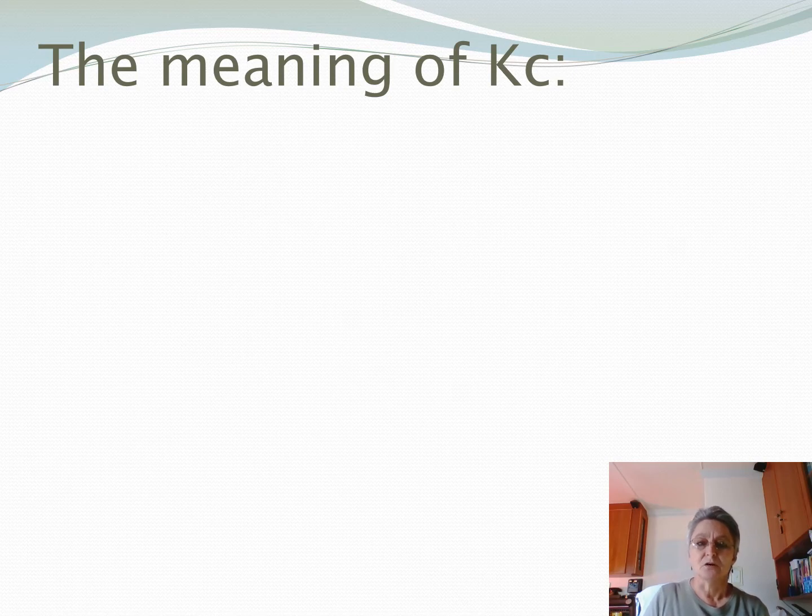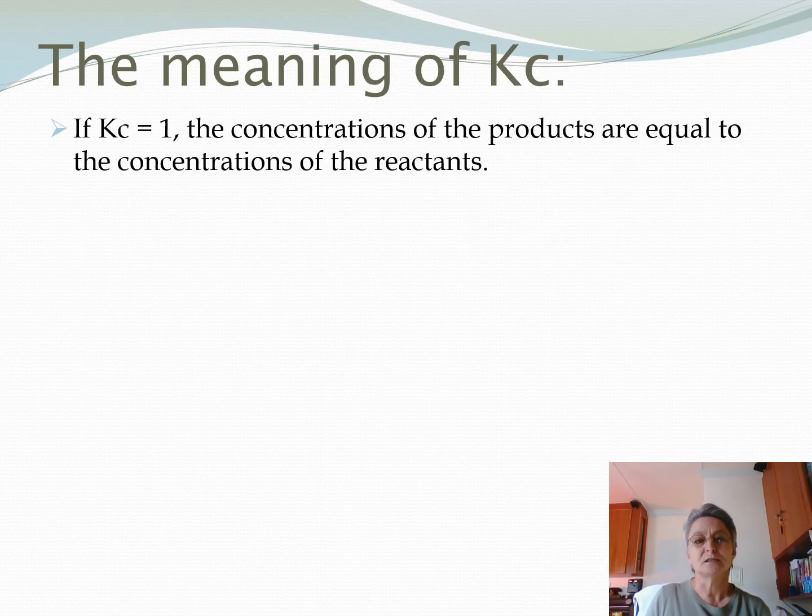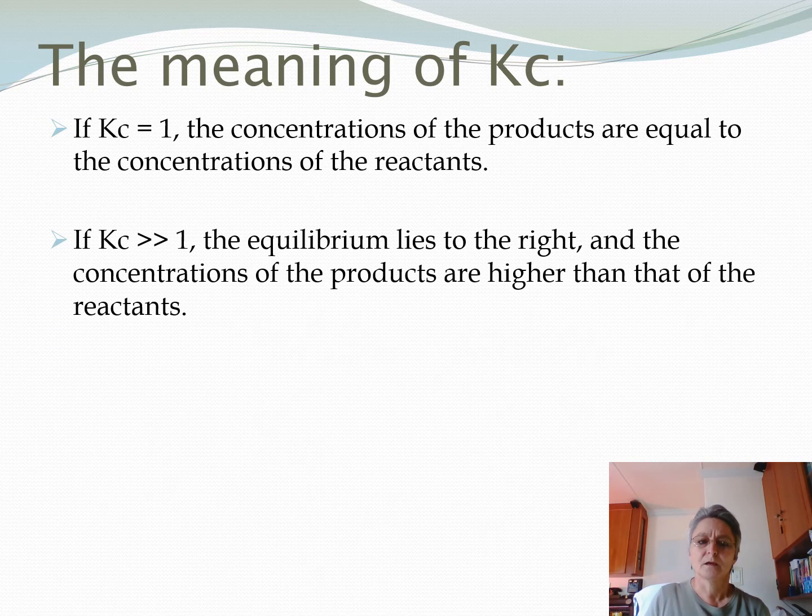So what is the meaning of Kc when we look at the chemistry behind reversible reactions? If Kc is equal to 1, the concentrations of the products are equal to the concentrations of the reactants. If Kc is much bigger than 1, that's why I've got those mathematical operators there, the equilibrium lies to the right.